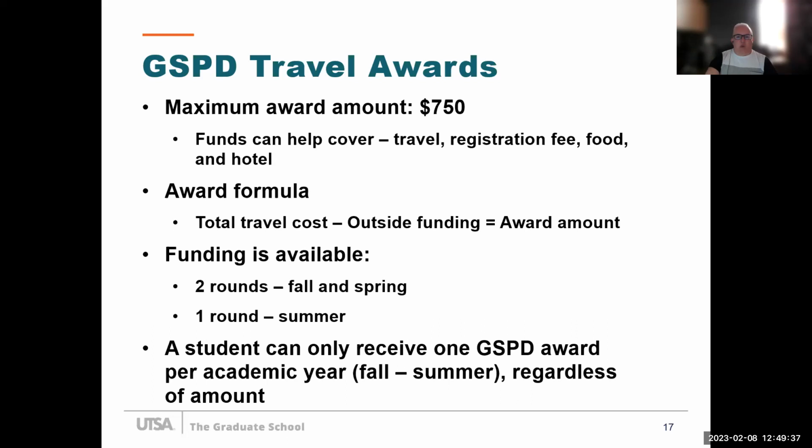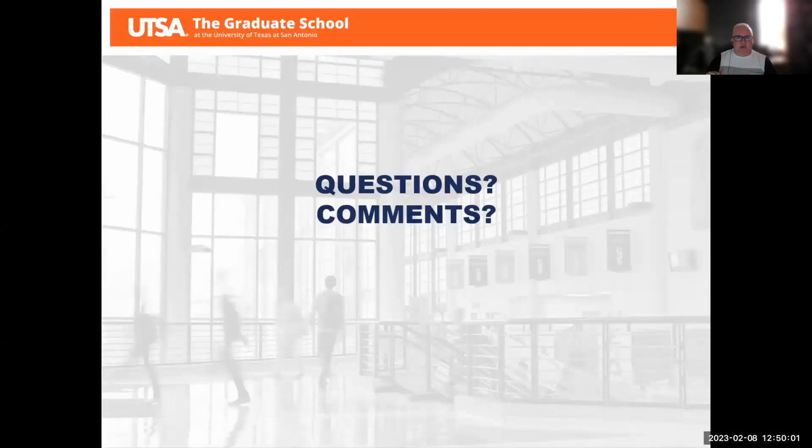Otherwise, they're wanting receipts to reimburse you for those funds. We will not over award you. So it's not like, oh, $750, but in reality, my trip was only $550, so I get $200 just to do whatever I want. Nope, that's not how that works. We do not give free money to go on a spending spree. So that's, in a nutshell, it.